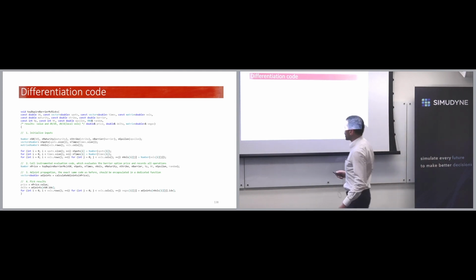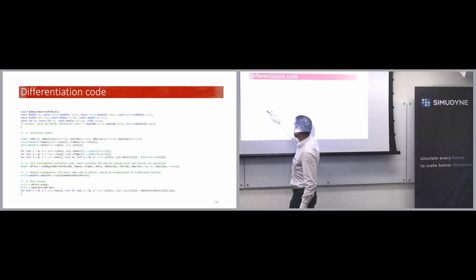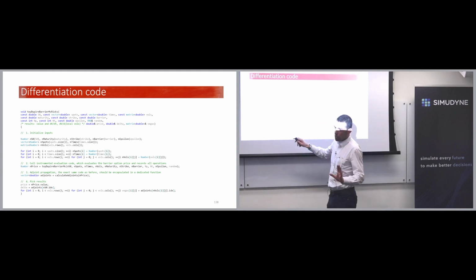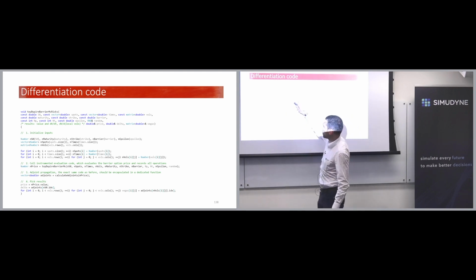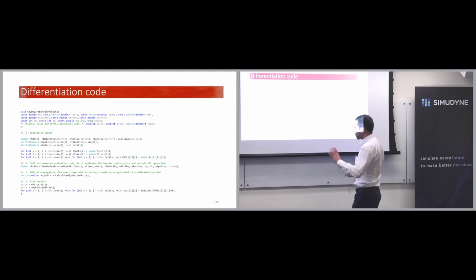So one, I initialize the inputs. Some of my inputs are vectors, some of them are matrices now, so I have to do it in a loop. Number two, I call my Dupire function, instrumented with inputs represented by numbers that will record them on tape, that will carry the calculation, but also record it on tape.